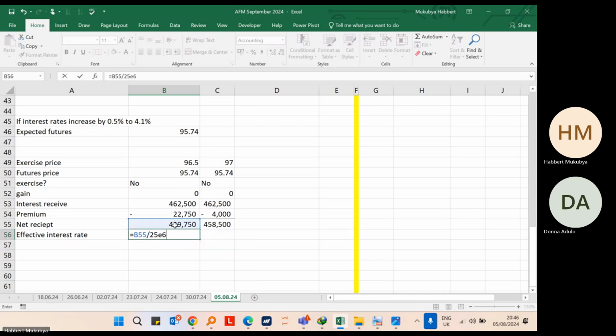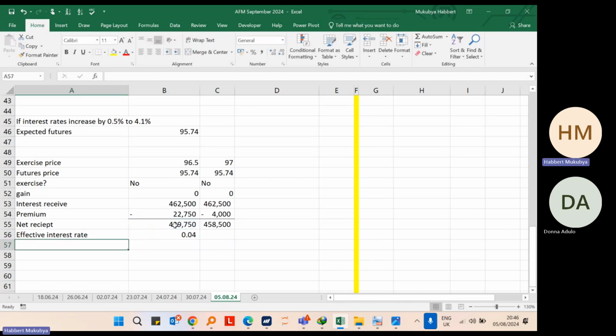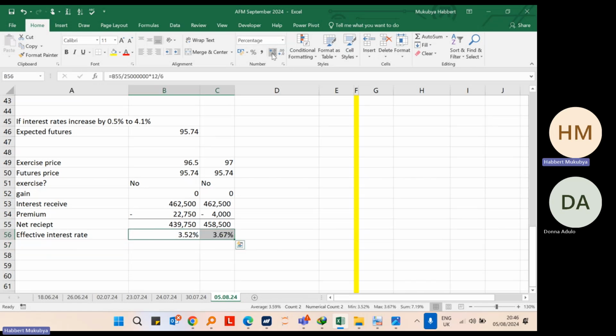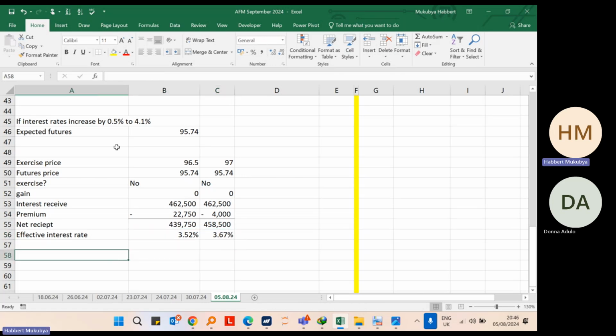But because you are only investing it for 6 months, multiply by 12, divide by 6. You know that part? Yes. So, which becomes, we put it in percentage terms, that is 3.52 and 3.67 respectively. So this is if the interest increased by 0.5.